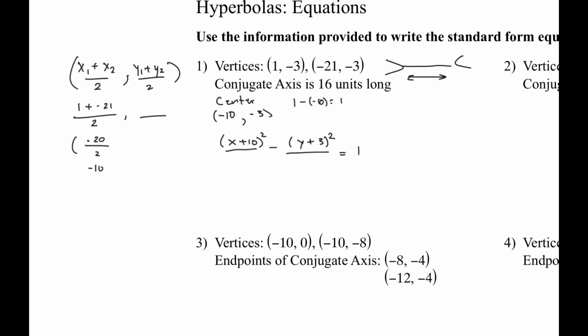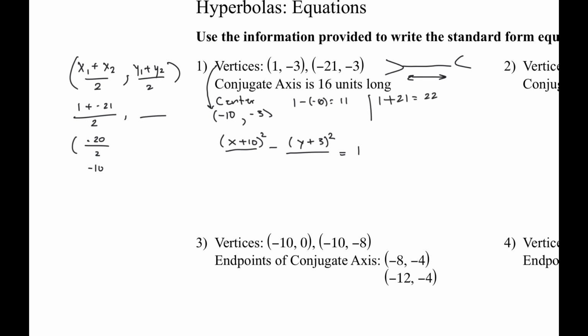That's going to give me a distance of 11. Notice I went from the vertex to the center. That's exactly how far apart they are. If I subtract the vertices, I could do the same thing that way. In that case, we would have said 1 minus -21, that would give me 22.